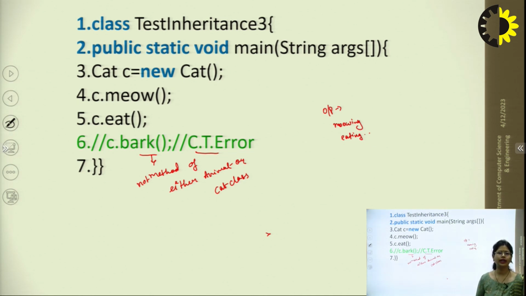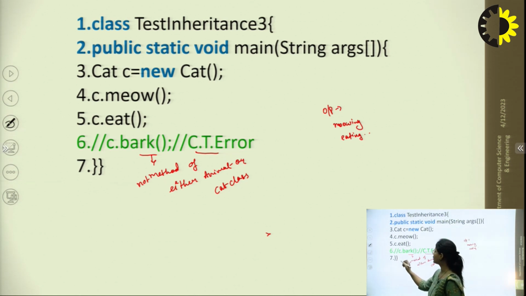Because when you are creating the object for the Cat class, and the Cat class is only extending the Animal class, it is not extending the Dog class. So when you run c dot bark, it won't run, and it will show the compile time error. So for running bark, what do you have to do?